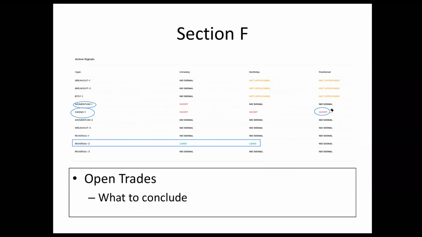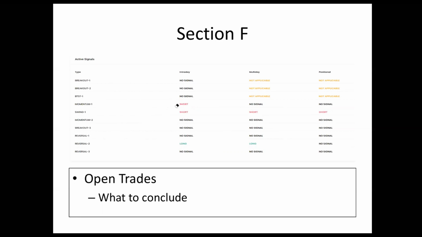Now the whole point in any analysis is what do we conclude, and in this case we can conclude from here that while the short term and the trend following systems are in a negative mode and they have short trades open, these are getting a little overstretched, particularly in the intraday as well as the daily time frame. So there is a potential here for reversal, and that is a kind of an alert to you about how you should be looking at the Nifty.